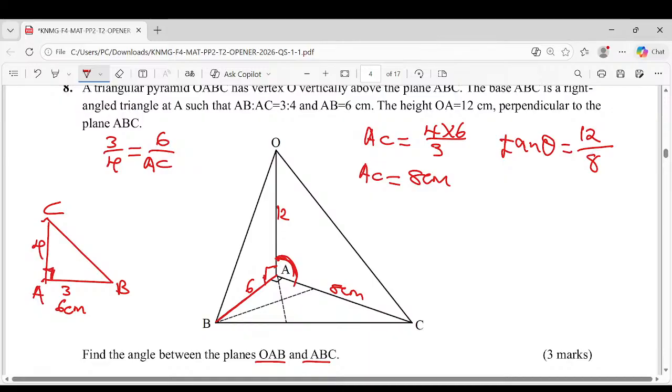Then it will mean that my theta will be given by the tan inverse of 12 over 8.